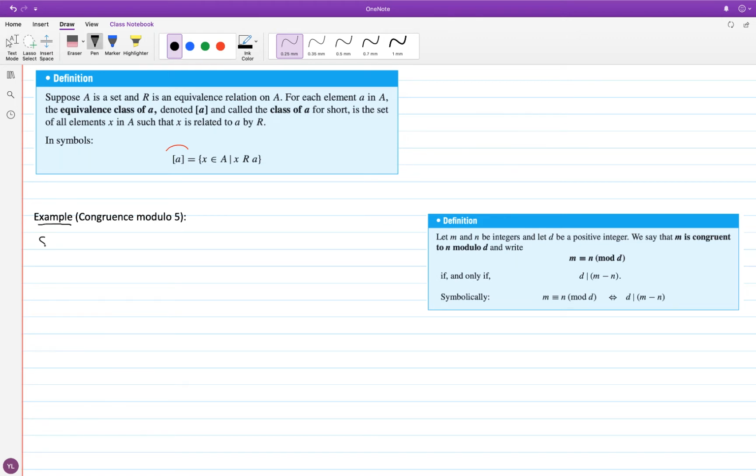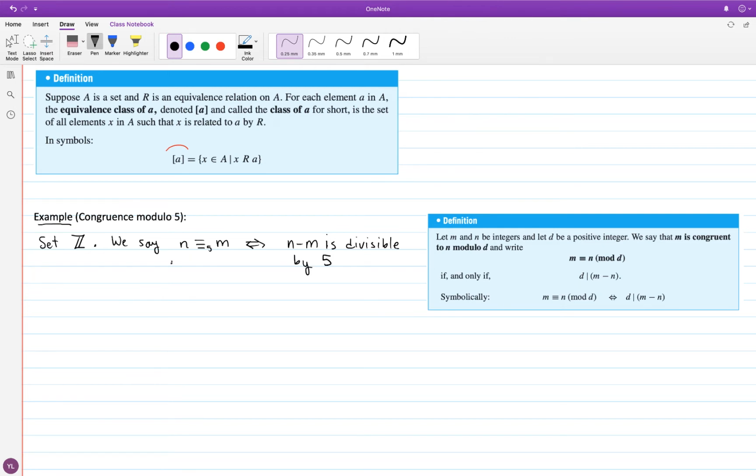The set that we're interested in here would be the set of integers, and then we say n is equivalent mod 5 to m if, well, there's a number of different ways that I can say this. Off here to the side, you'll see how the book defines this. They say that the difference of m and n is divisible by 5.